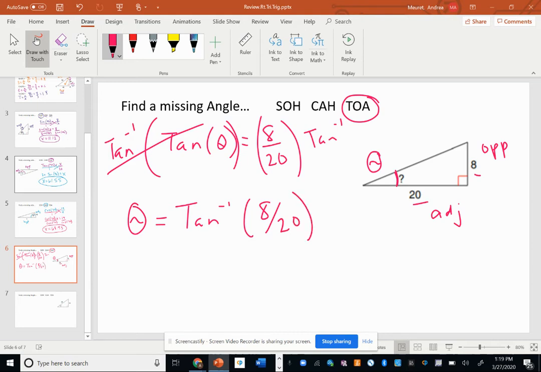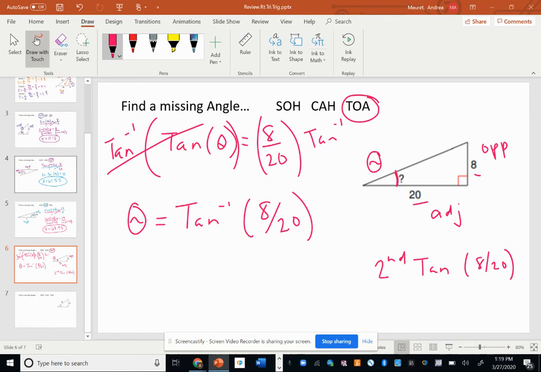If you're using a graphing calculator or most scientific calculators, to access this inverse tangent function, you would type second, then the tangent button, and then 8 divided by 20.